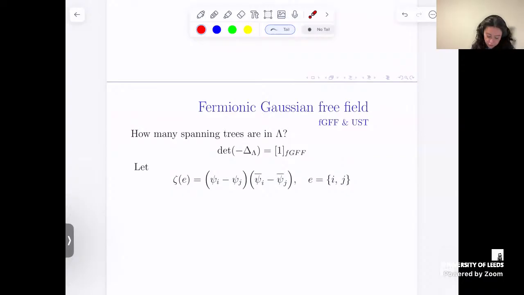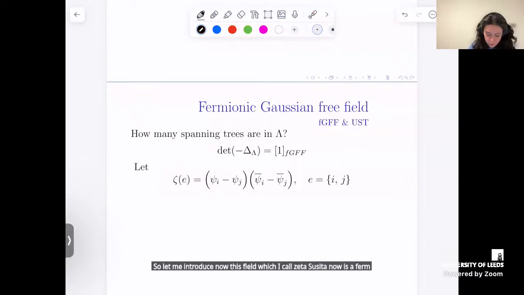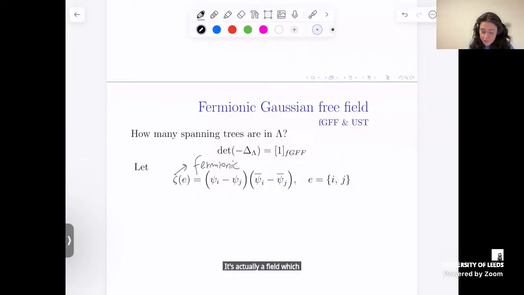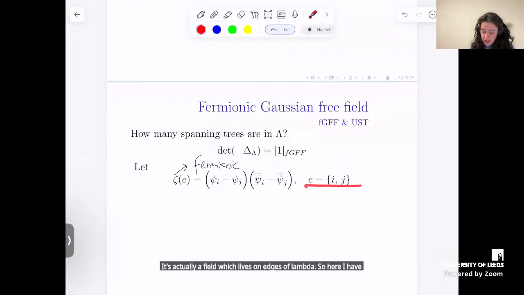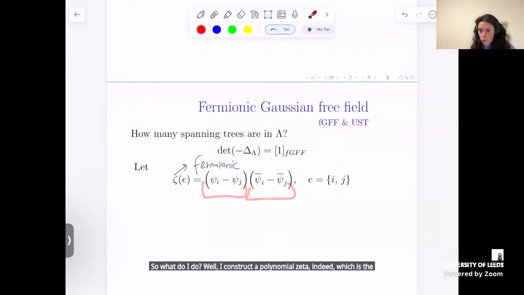So let me introduce now this field, which I call zeta. So zeta now is a fermionic or Grassmannian field on lambda. It's actually a field which lives on edges of lambda. So here I have an edge E, and let's say that its endpoints are i and j. I construct a polynomial, zeta, which is the product of 2 monomials.